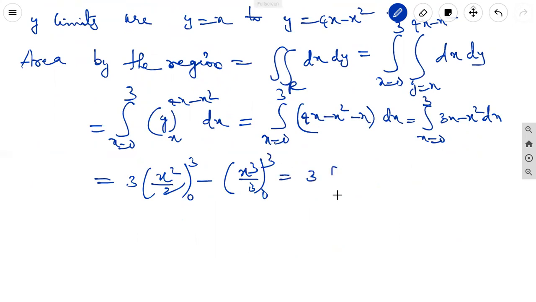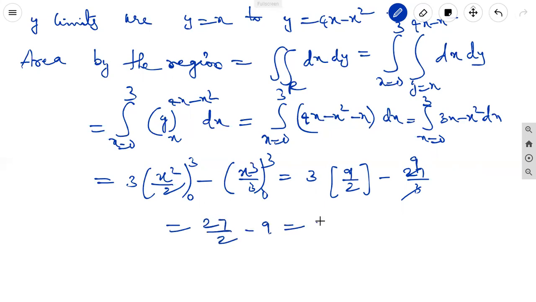It is equal to 3 into 9 by 2 minus 0, minus 27 by 3, which is 9. Here 27 by 2 minus 9 equals 27 minus 18 by 2, equal to 9 by 2 square units is the answer. That is nothing but 4.5 square units.